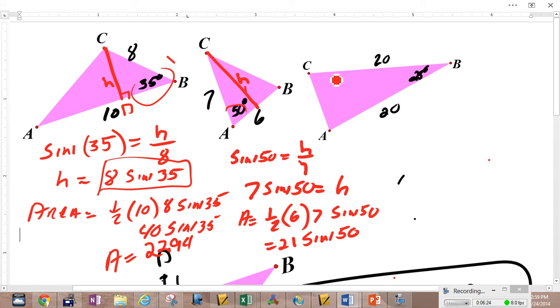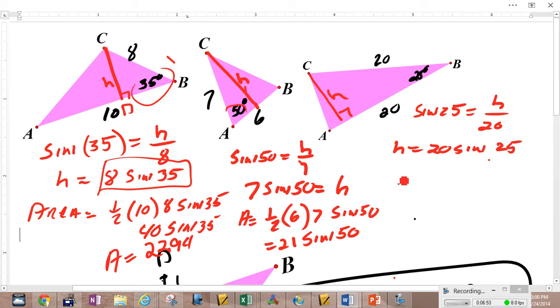Again, I'm going to make a right triangle here by dropping down this height and recognizing that the sine of that angle, sine of 25, is equal to that height value over the hypotenuse, which this time is 20. So that h is equal to 20 times the sine of 25.